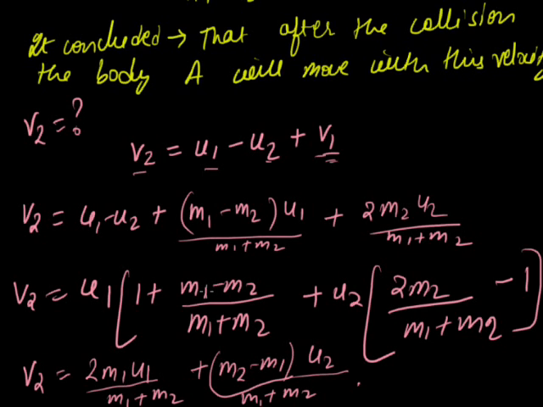By using these two laws, we have found the velocities of the first body and second body after the collision, given by v1 and v2.